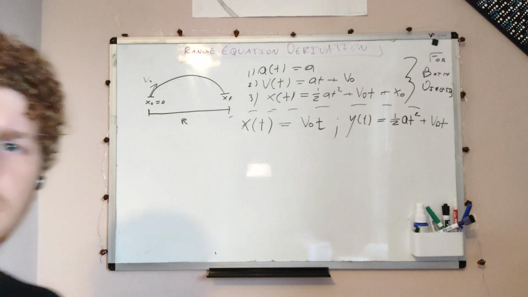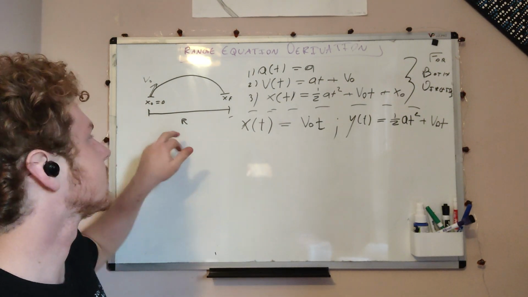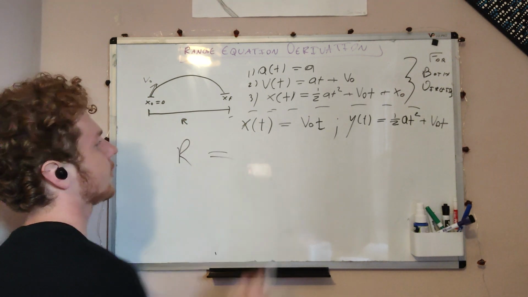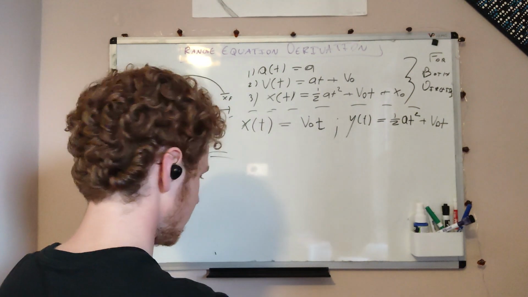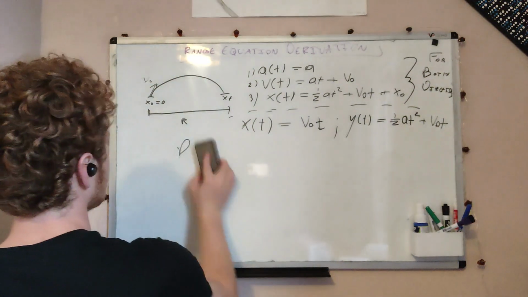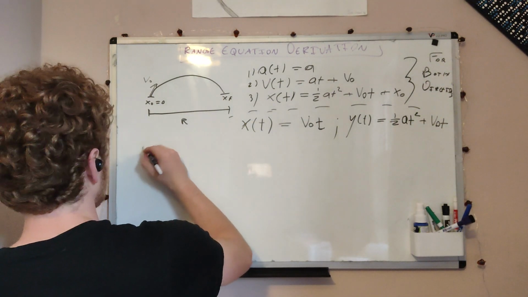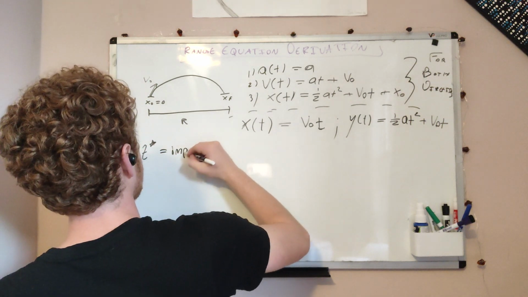So let's think about what exactly is R. What is R in terms of what we just found here? So first of all, I'm going to say that T star is impact time.